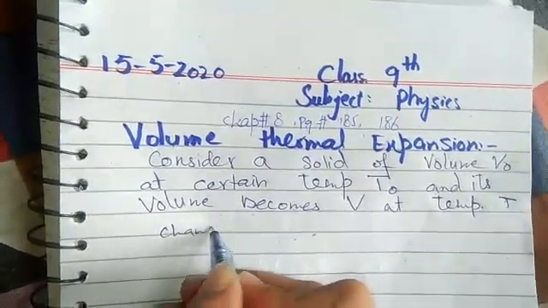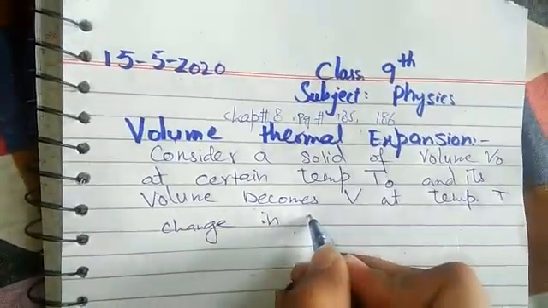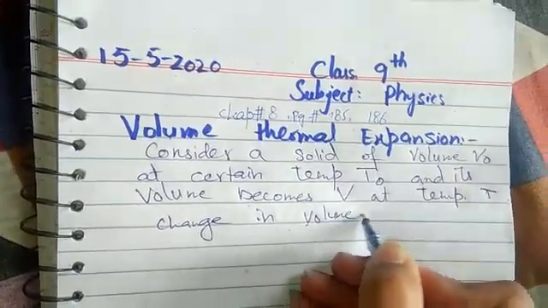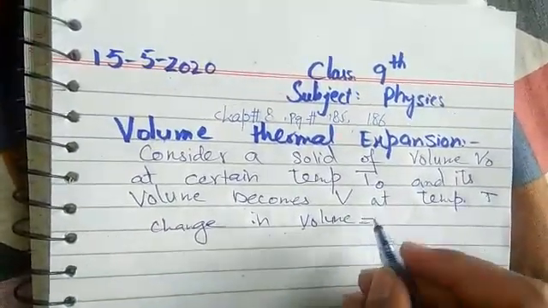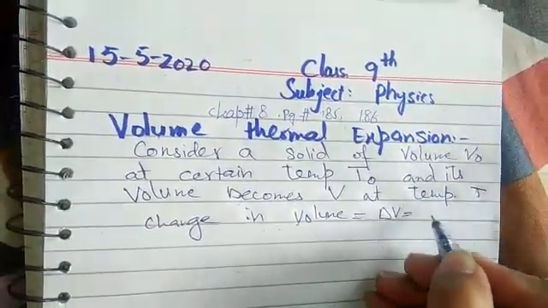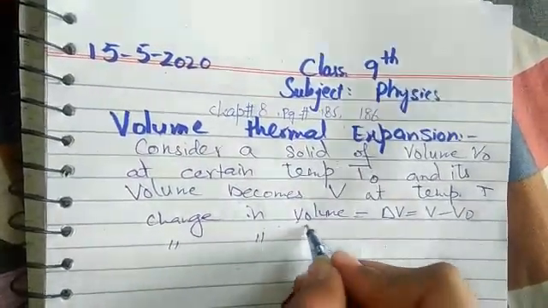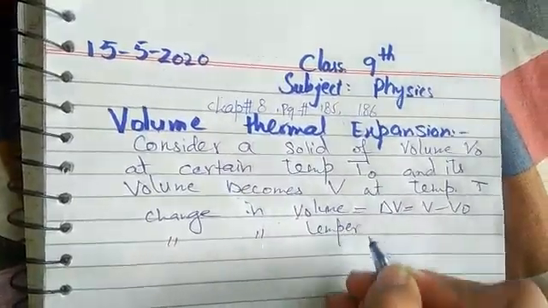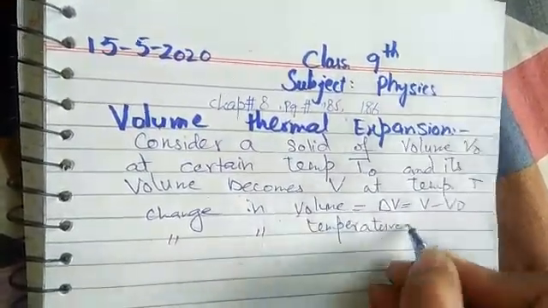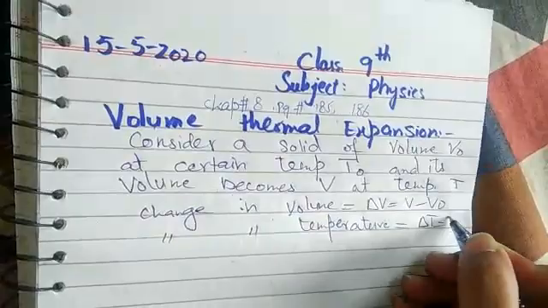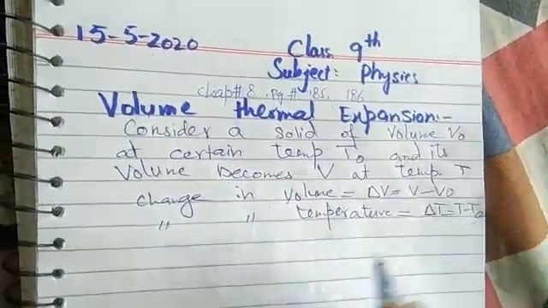So the change in volume, likewise linear thermal expansion, the change in volume delta V is equal to V minus V naught. Similarly, the change in temperature is equal to delta T, that is equal to T minus T naught.